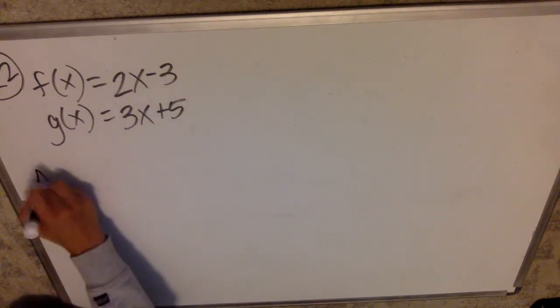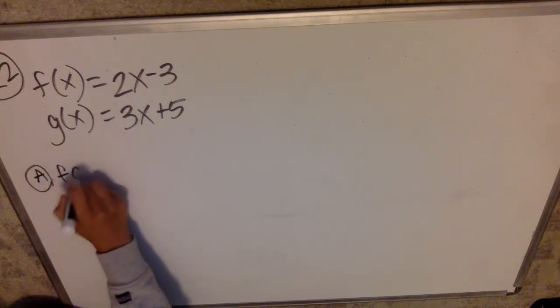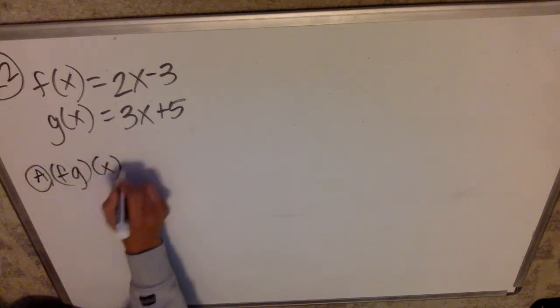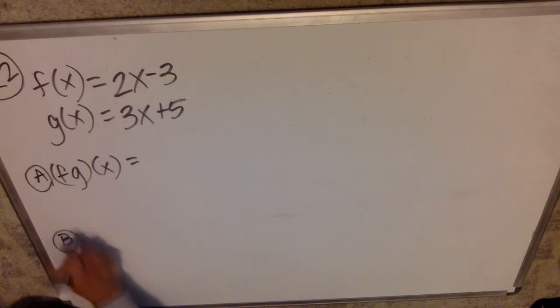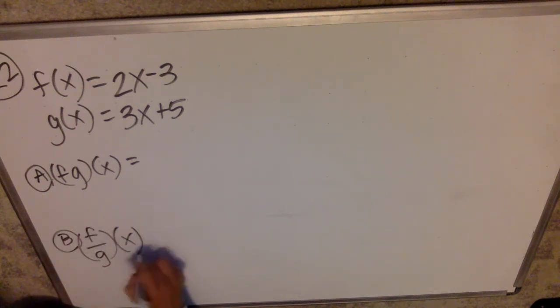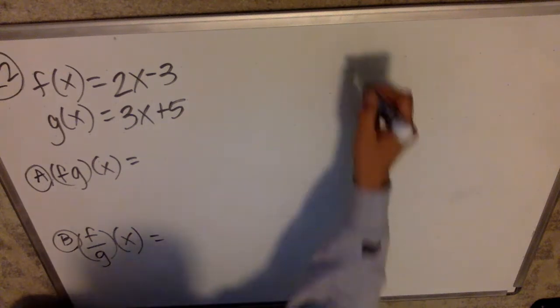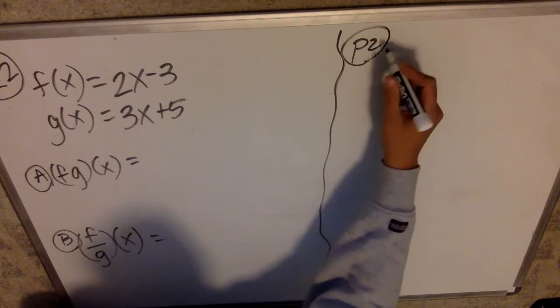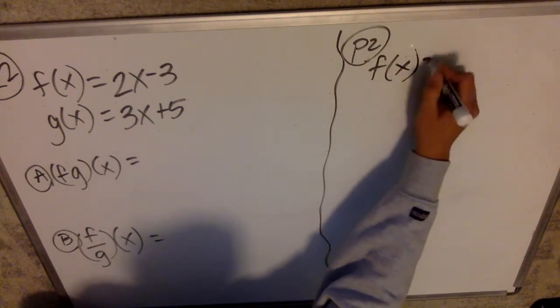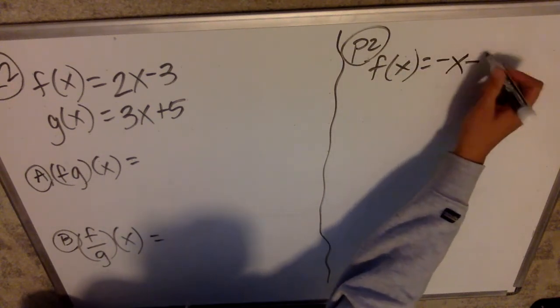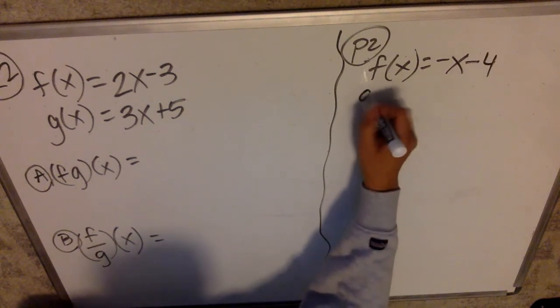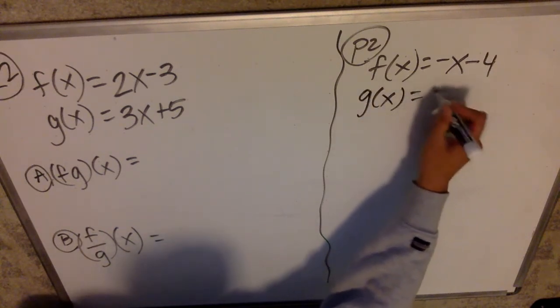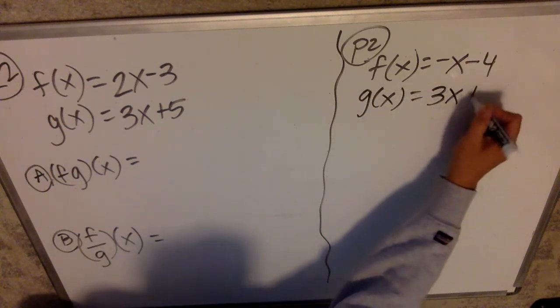So in A, we're going to do f times g of x. In B, we're going to do f divided by g of x. All right, and then over here, give me some room, and we'll do a P2, same idea. Let's say f of x is negative x minus 4, and g of x is 3x plus 6.